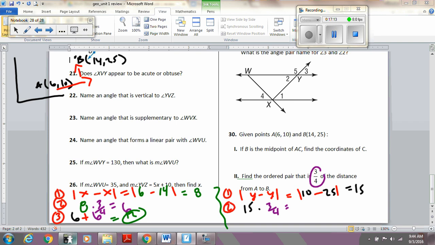Without a calculator, that would be 45 divided by 4, which is not going to be an exact number, but I think it's 11.25.